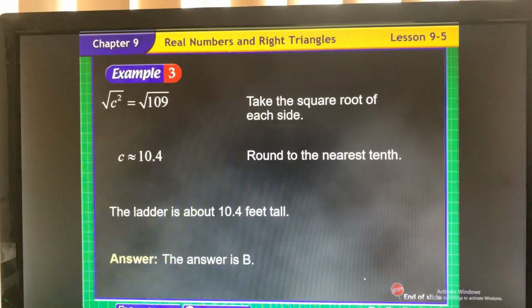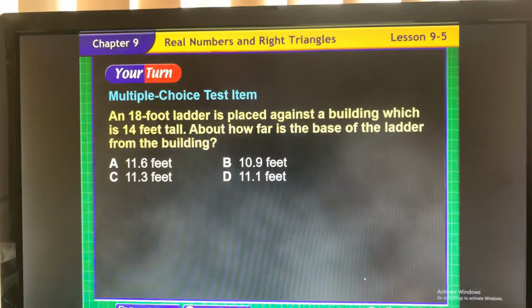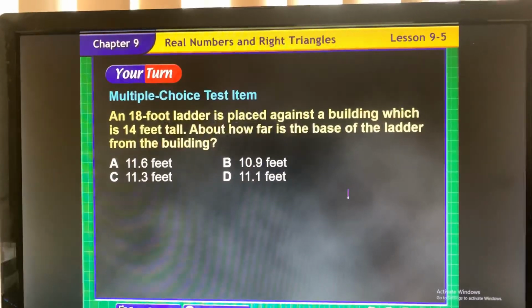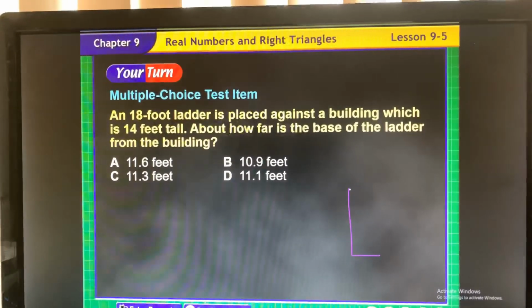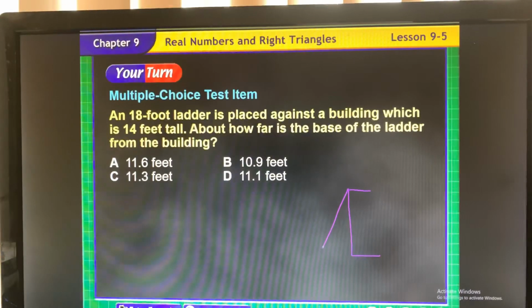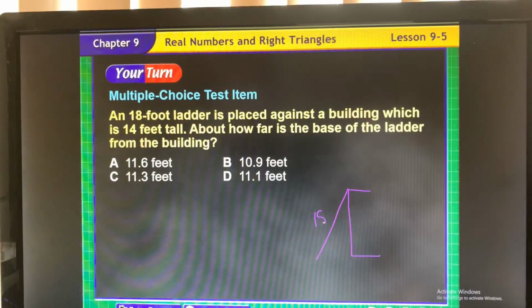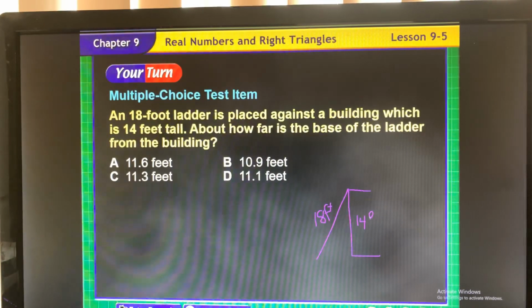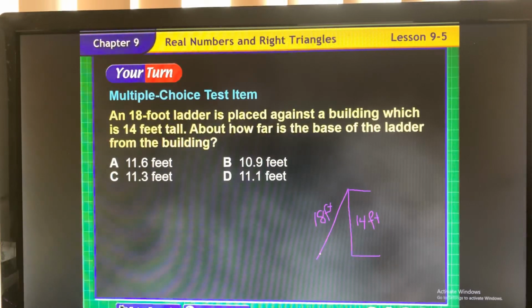And if we did it again, same kind of process, but this time we have the building and we know that the ladder is 18 feet and we know that the building is 14 feet. We're looking for this leg right here.